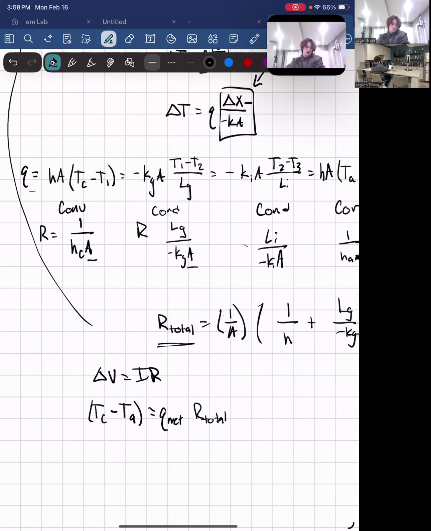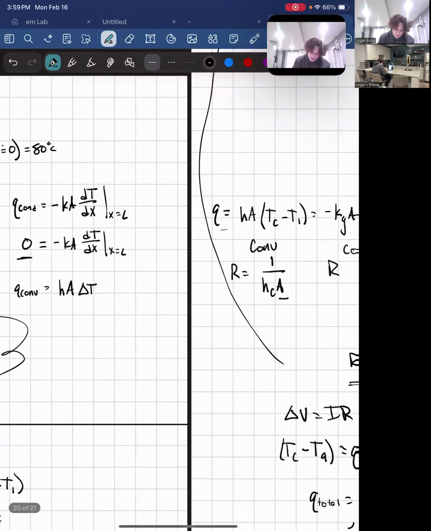So with this, you can then solve for your total Q. We can solve for our total Q just by reworking this equation, where we get TC minus TA over R total.